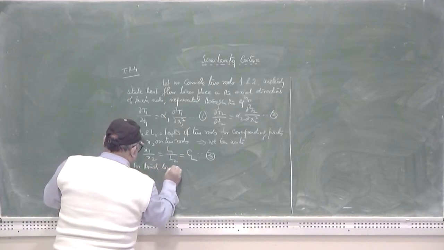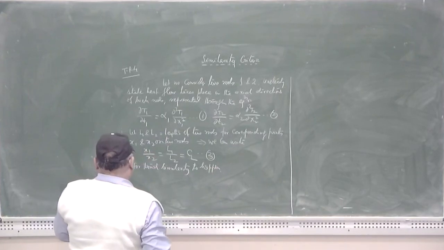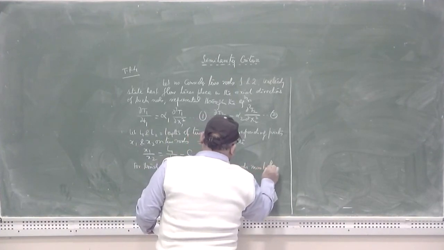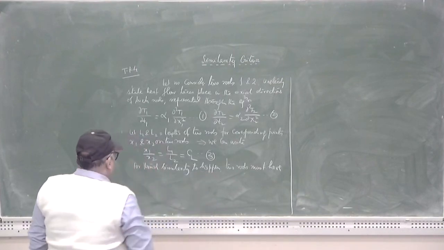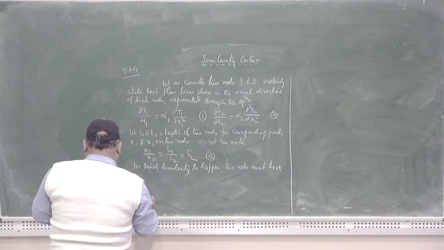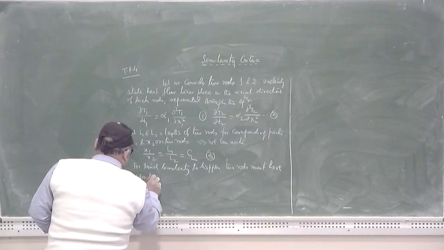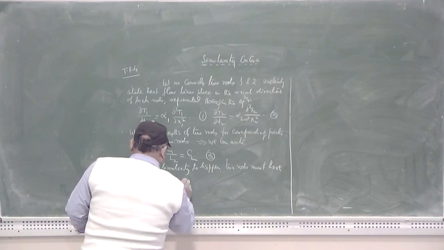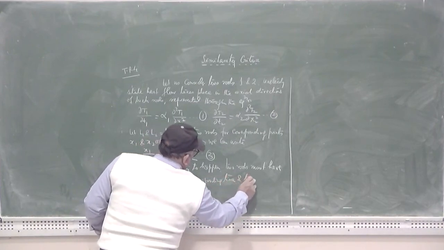Now, for thermal similarity to happen, the two rods must have corresponding temperatures at corresponding times and locations.